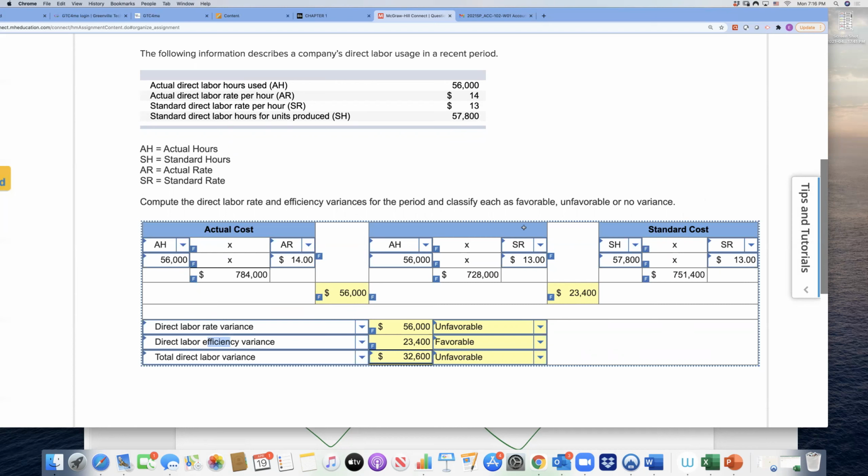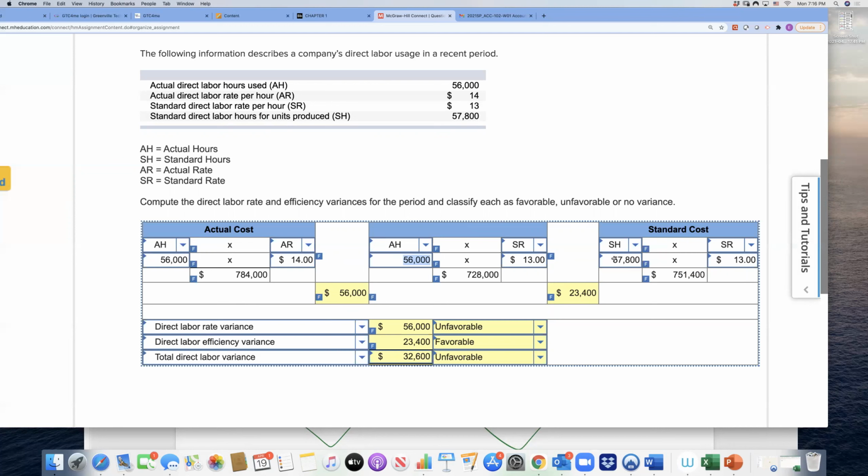Why is this comparison, column 2 to column 3, the efficiency variance? Because as you can see, each of these columns are based off the same rate. So if these numbers are different, which clearly they are, it's because we used standard hours that were different than actual. That shows us how did we work? Were we efficient?